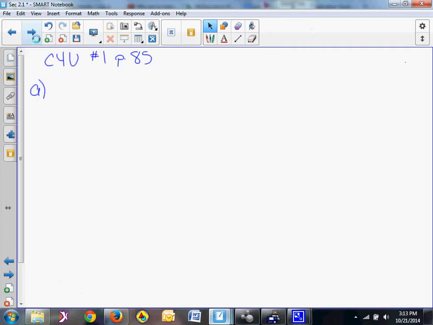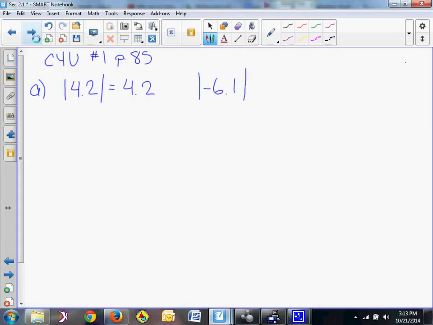What we want to do is find the absolute value of our numbers, and then order them by putting them on a number line. Okay, so here we go. The absolute value of 4.2: how far away is 4.2 from 0? Well, it's 4.2. Then I want to find the absolute value of negative 6.1.